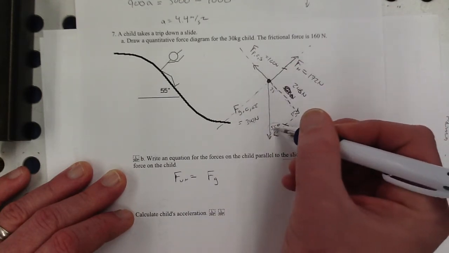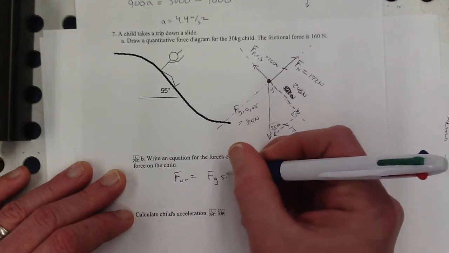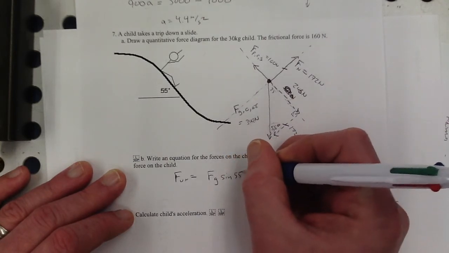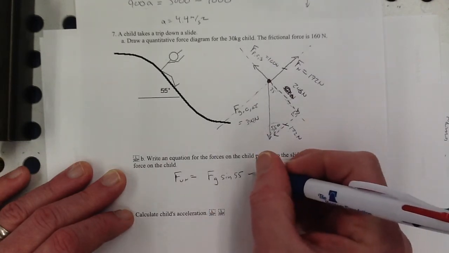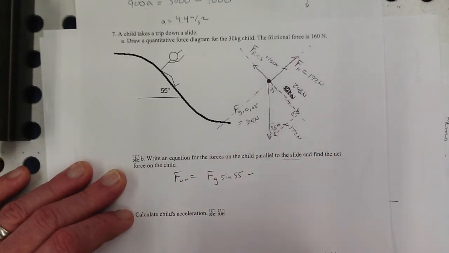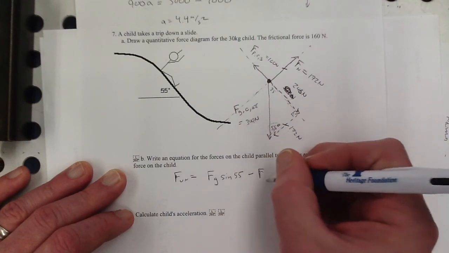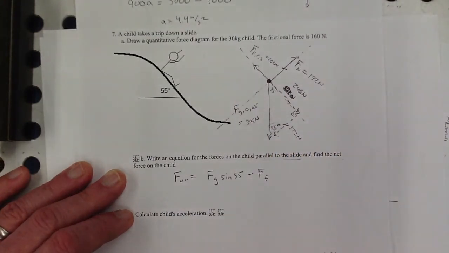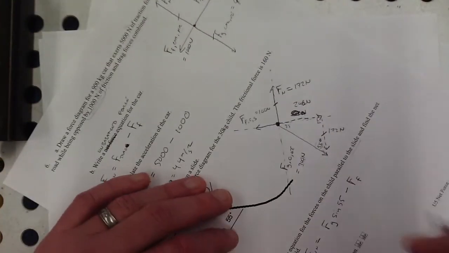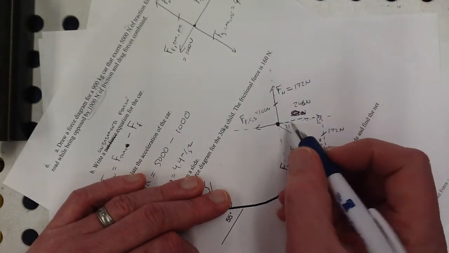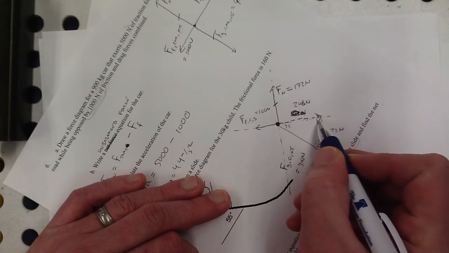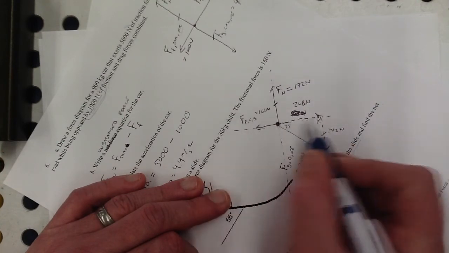That was the sine component of that angle. So I'm just going to write it like that. That was that force of gravity times the sine of the slide angle, minus the force of friction. Right, so again, these are balanced, so they're not involved in the unbalanced force equation. So I have this winner minus this loser. That's my forces in this direction.